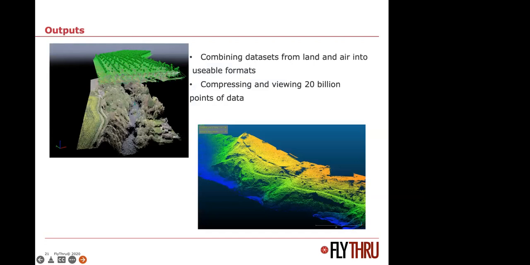And these are two of the outputs that were produced. The interesting thing was that we compressed nearly 20 billion points of data that we collated in 2 days. When we handed this to the council, they hadn't got a computer within the council that could actually run it.